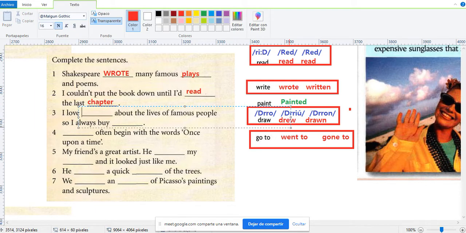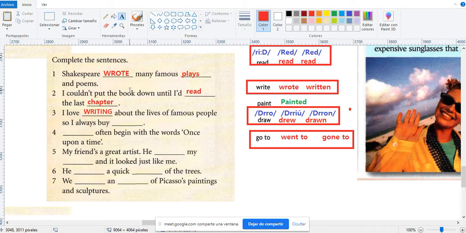Yo amo to read, puede ser leer, to read, pero para que esté mejor usado, se usa un sustantivo de un verbo. ¿Cómo hacemos de un verbo un sustantivo? Agregándole ing. Este es un truco de escritura, ¿ya? Queda muy bien redactado cuando digo I love y le agrego un verbo con ing.